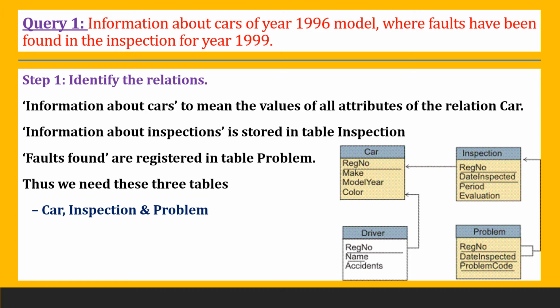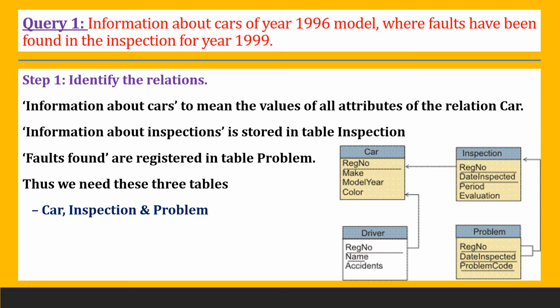So first step is we have to identify the tables. We are given four tables in our database, and among these four tables, what relations are required to answer this query? Information about the cars, we'll get from the table car.